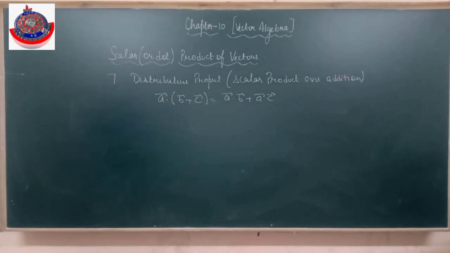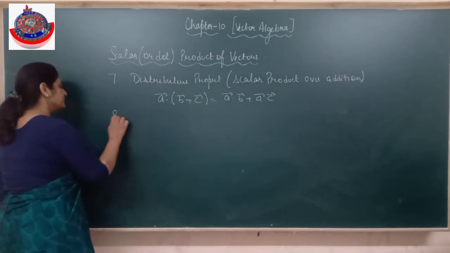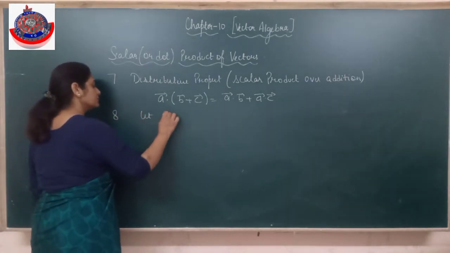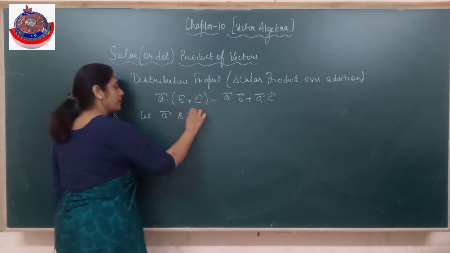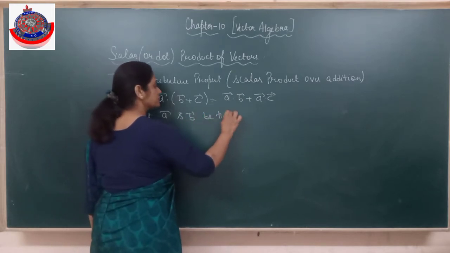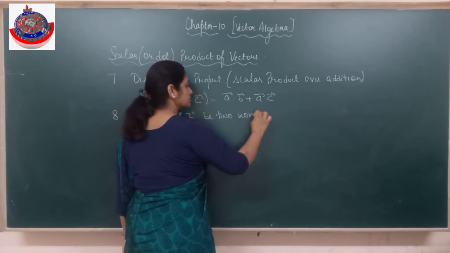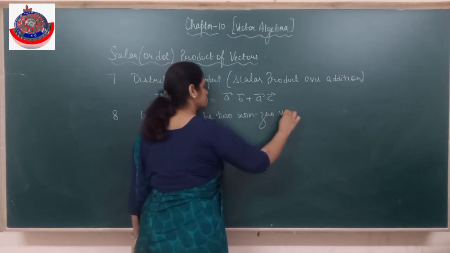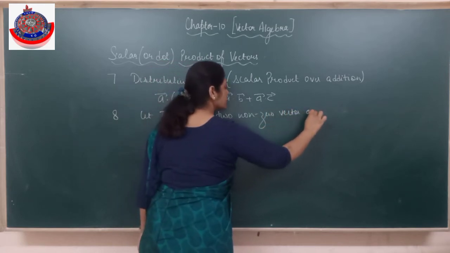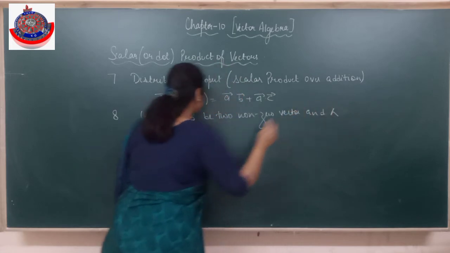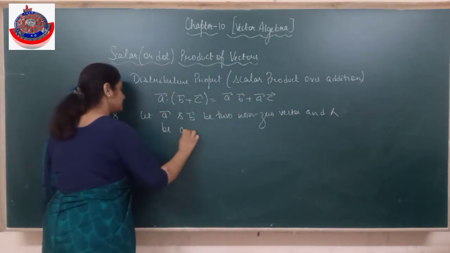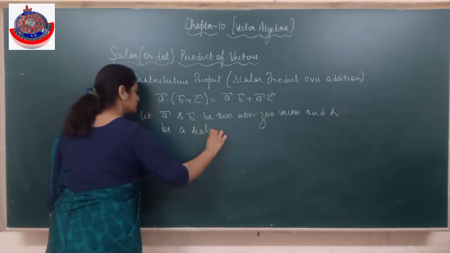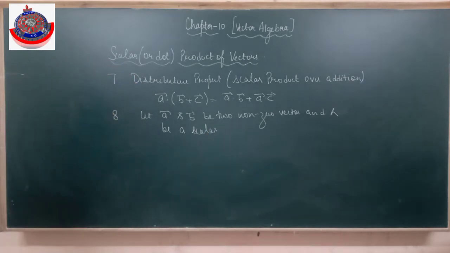Is it clear? Alright. Let a and b be two non-zero vectors and lambda be a scalar.